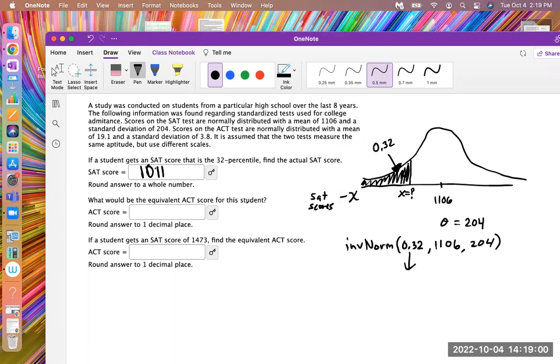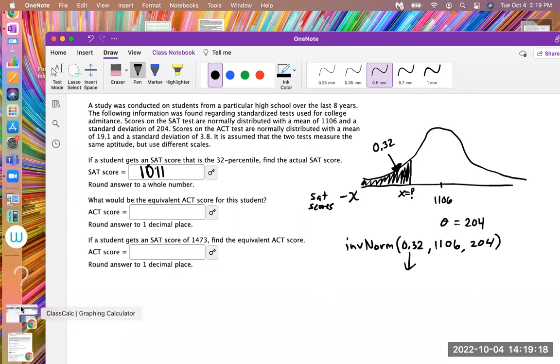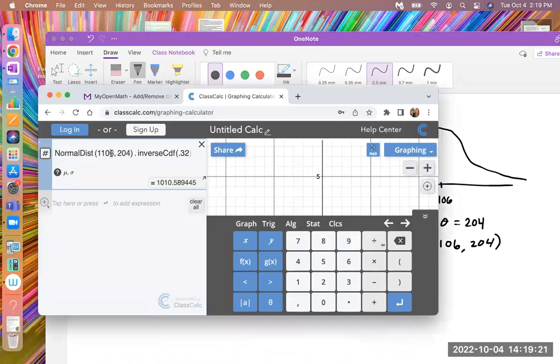Z-scores just tell us the number of standard deviations you are away from the mean. So that's what is going to help us compare oranges to apples here. It is figuring out the Z-score of this value that we just found, the 1011. One easy way to find the Z-score is just changing the mean and standard deviation to 0 and 1 here.